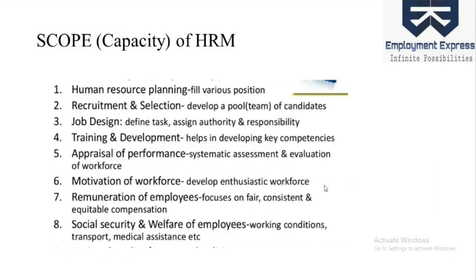Basically we have to ensure social security and welfare. So this is the scope and capacity of HRM: human resource planning, recruitment and selection, job assigning, training and development, appraisal of workforce, motivation, remuneration of employees, social security and welfare.